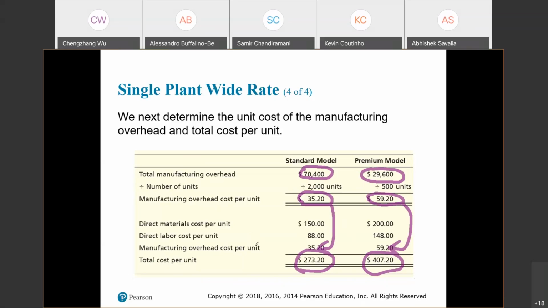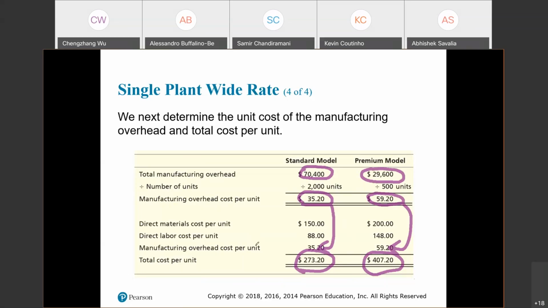The higher labor cost for the premium model resulted in more overhead cost per unit being allocated to that model. Thus, the fact that the premium model workers earn more results in the premium model using more resources that would cause an increase in overhead rates.